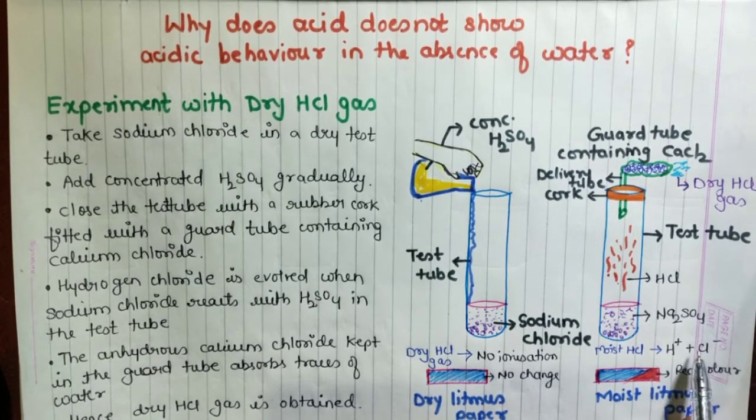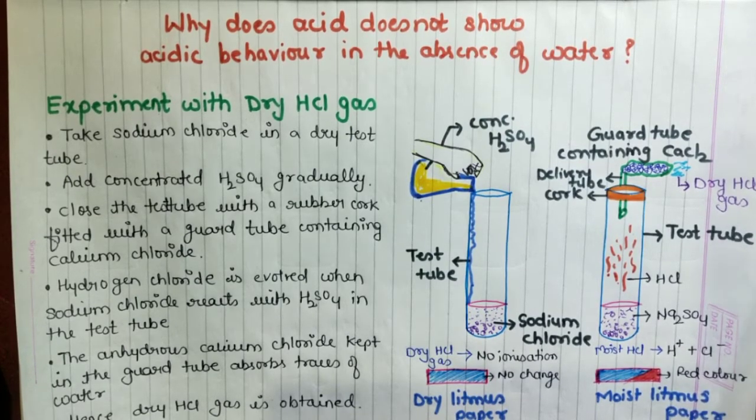So due to this, ionization will take place. If ionization takes place, it is compulsory that it will change the color of the litmus paper into red. From blue it will convert into red. Now this shows that HCl shows acidic behavior in the presence of water, not in the absence of water. Okay, thank you so much.